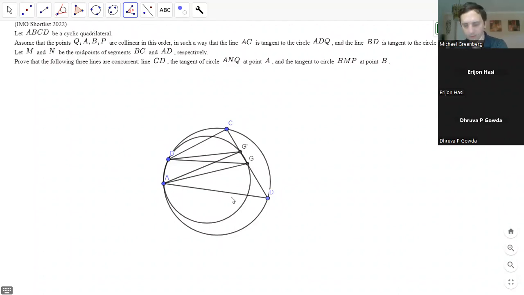And sine AGC is sine ABG prime, over AD. And we want to show that those two are equal. So we want to show that CG prime is equal to GD over AB sine of ABG prime.